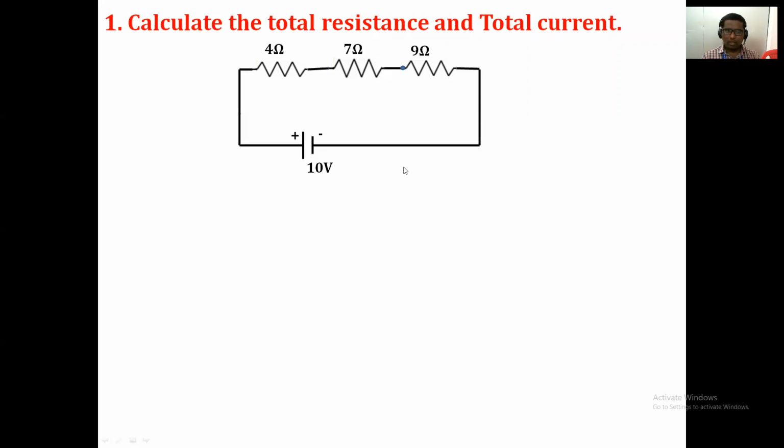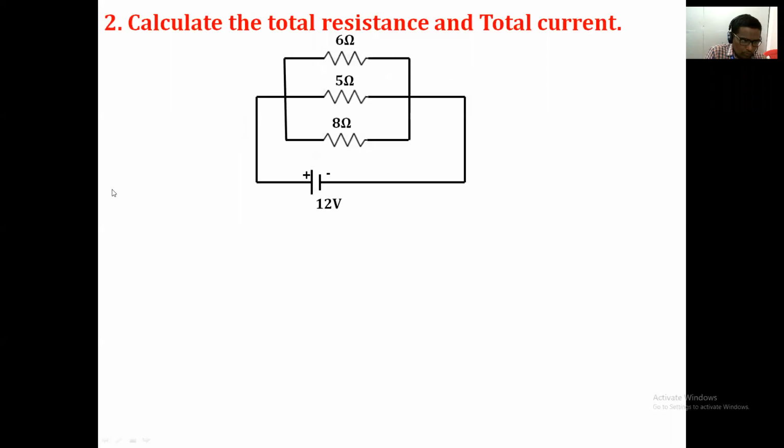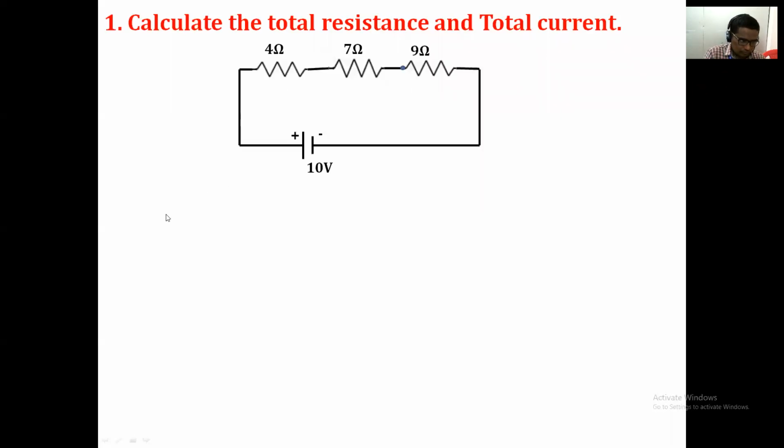Get my point? Now we have to calculate the total resistance. So let me try to write it down here. When we calculate the total resistance, what is the formula for the total resistance, equivalent resistance, or resultant resistance in the series circuit?